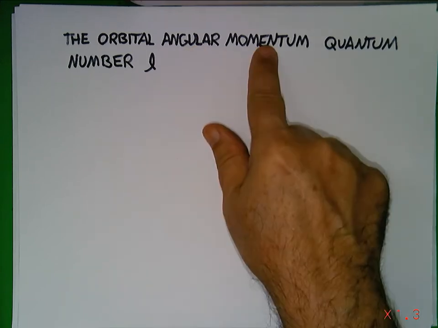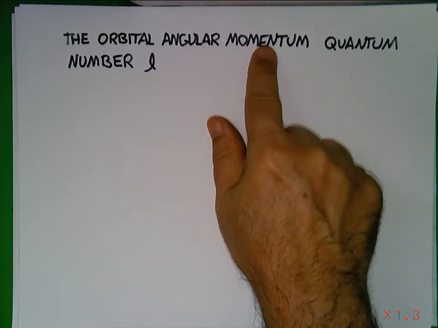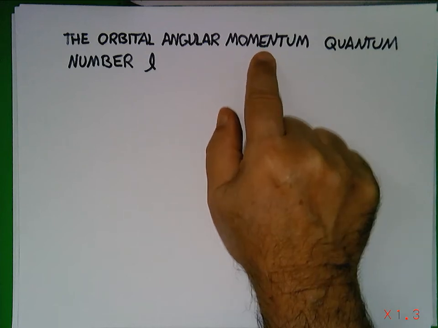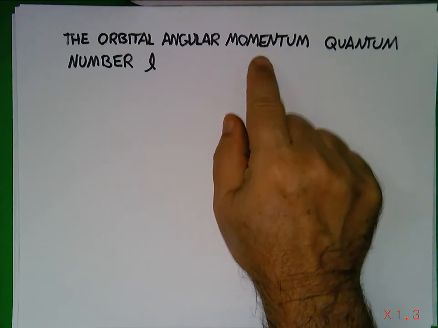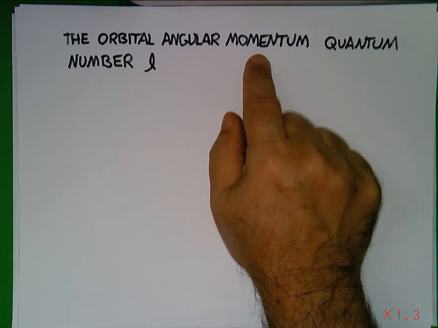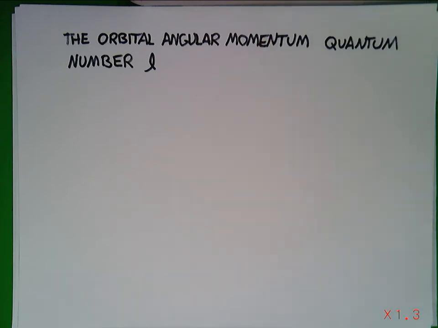Angular momentum has to do with how a spinning body tends to maintain its axis in the same place. If you take a top and you start it spinning, the top will stand up on the point because it will resist having the angle that its axis is at changing.